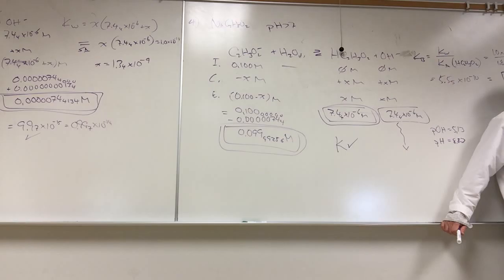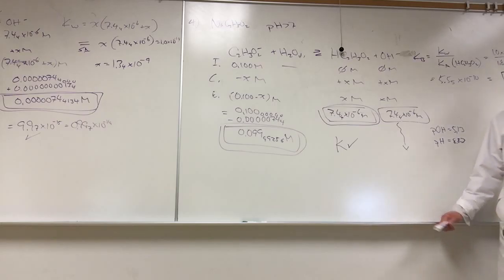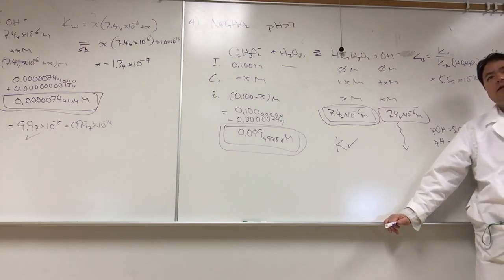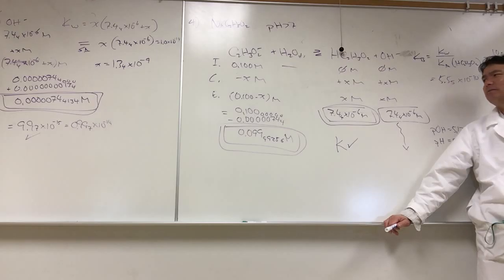I know the hydronium and hydroxide are related, but in this case, they are related. In other cases, we could generate hydronium from a completely unrelated acid. This acid's related though.